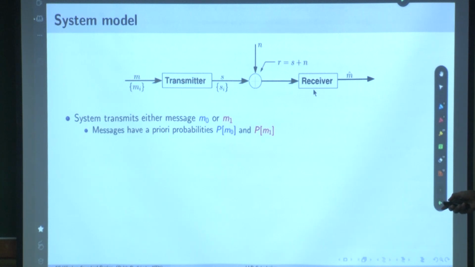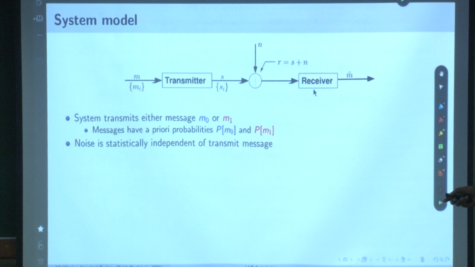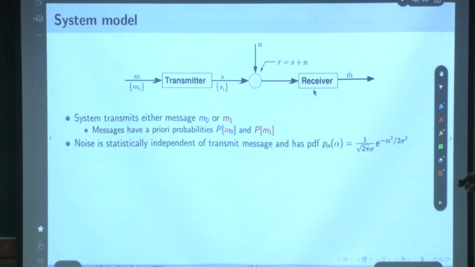What is not known is whether M0 or M1 is transmitted, and this noise is statistically independent of the transmitted message. Right, because this is imposed onto us by nature, and nature doesn't like bias; it is not biased whether M0 or M1 is transmitted. And this noise has a Gaussian PDF.